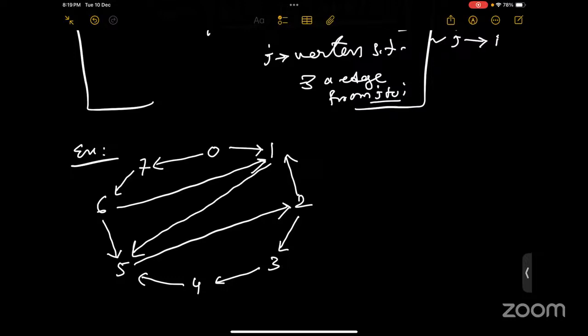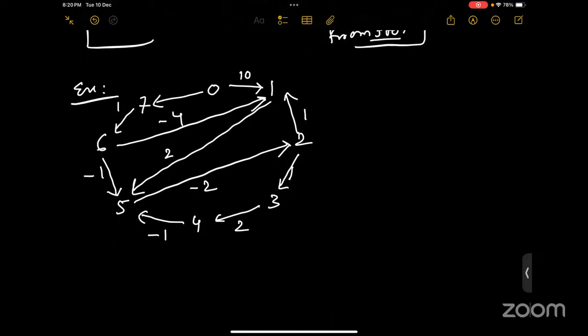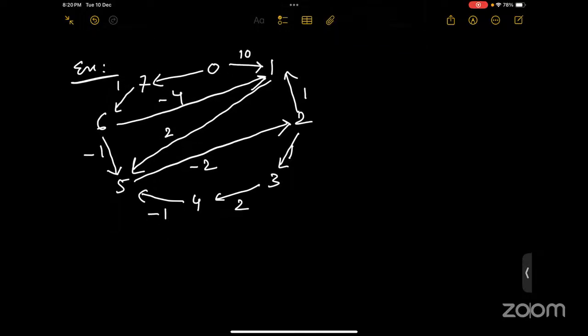Suppose this is our graph, and let us introduce the weights now. So this is our graph, and these are the respective weights. Now we want to use the method to find the least path, that means the shortest path from the point 0. This is our source.